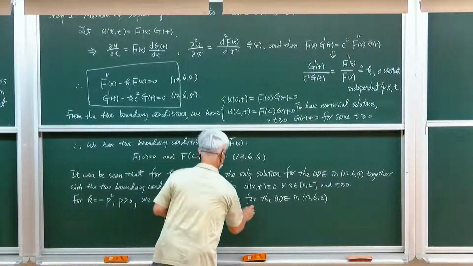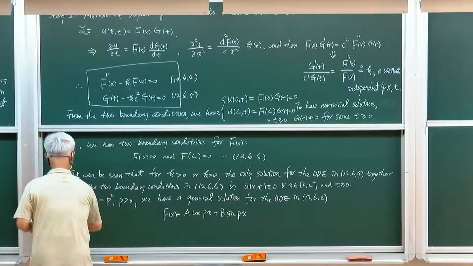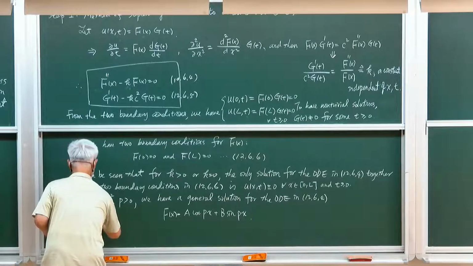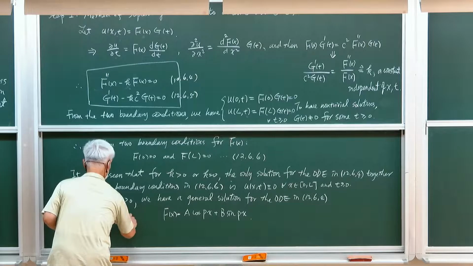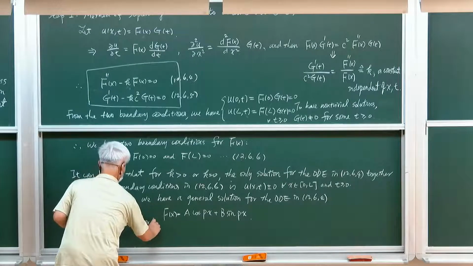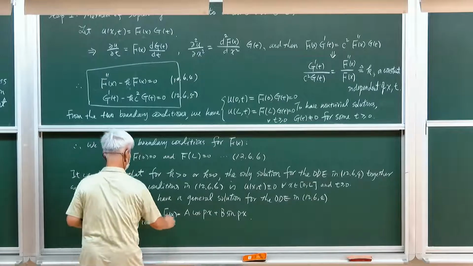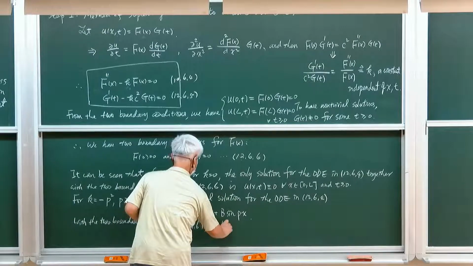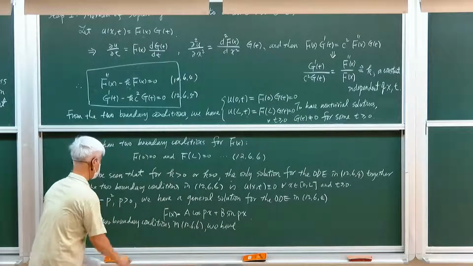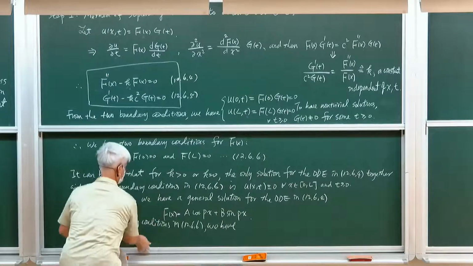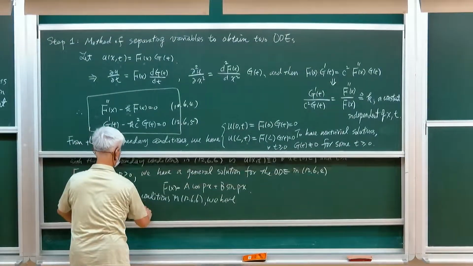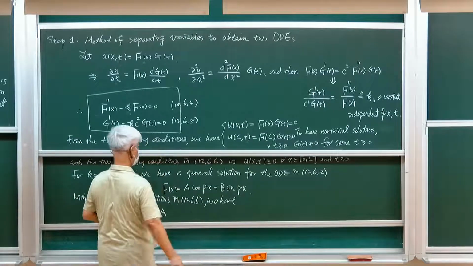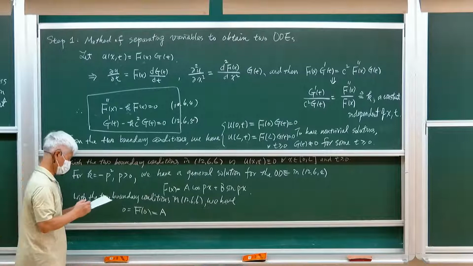Now with the two boundary conditions in 12.6.6, we have 0 equal to F(0), but F(0) gives us A. So A should be equal to 0.